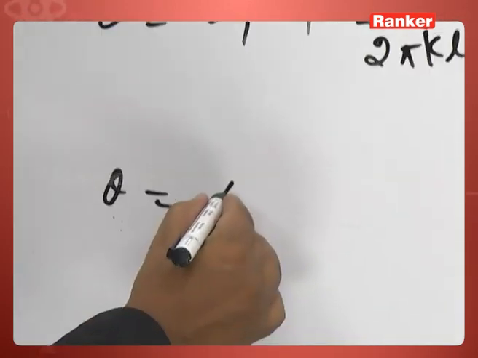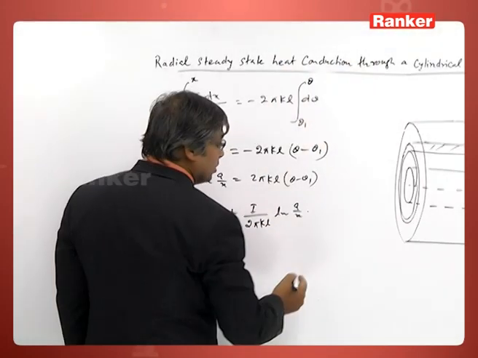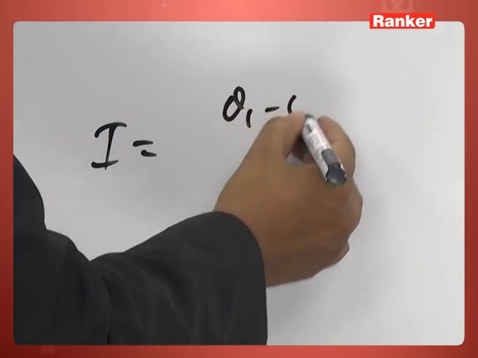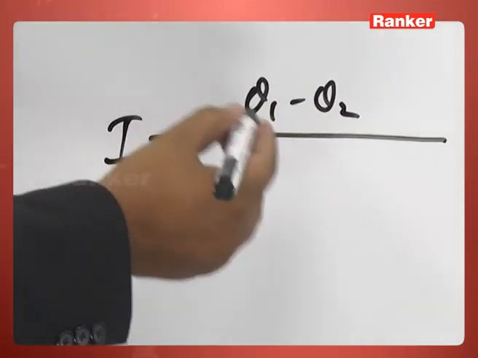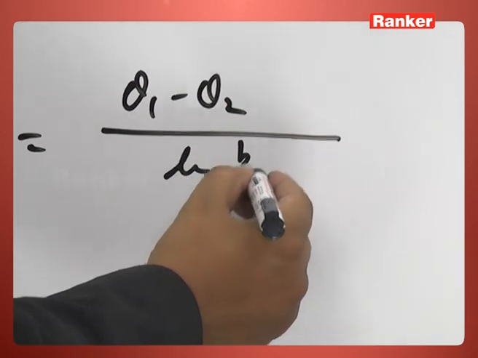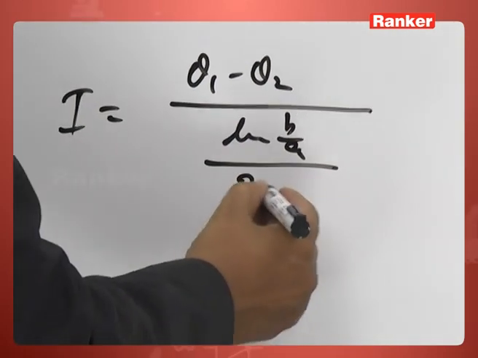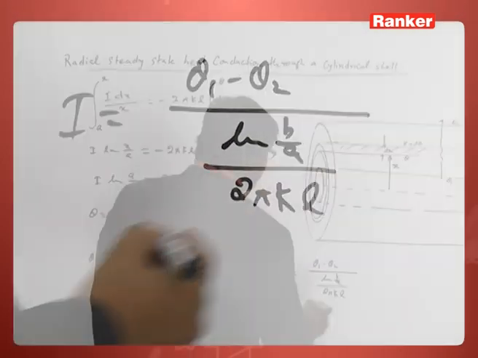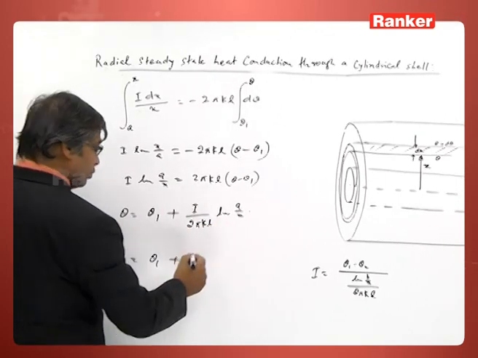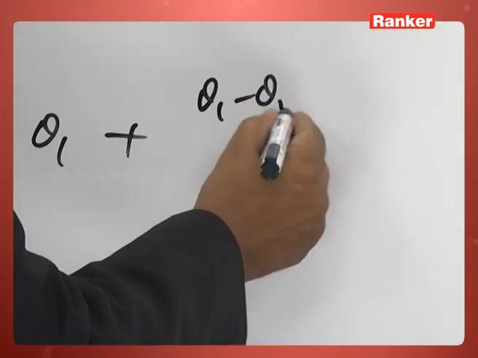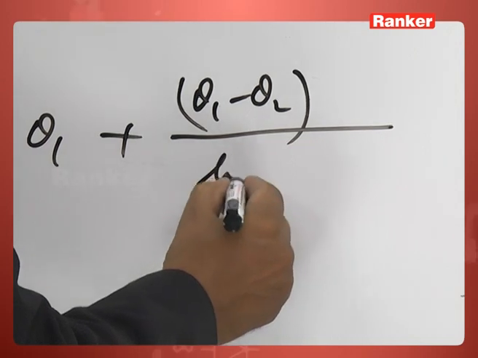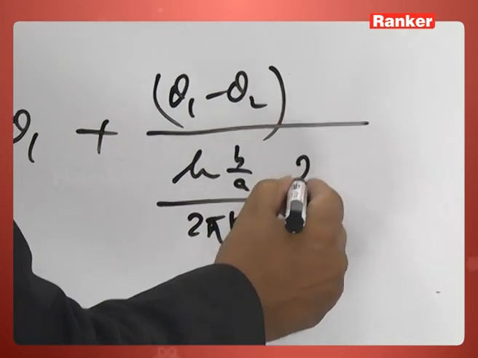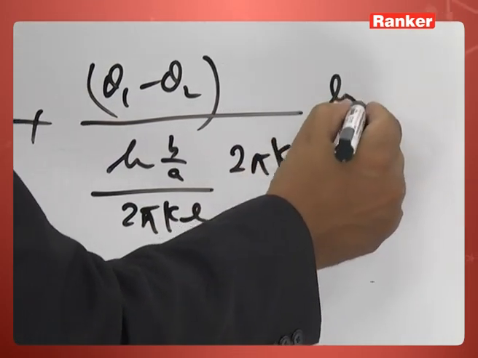So, you see theta becomes theta 1 plus I. You recall I is equal to the temperature difference theta 1 minus theta 2 by thermal resistance, which is ln B by A by 2 pi k, you can see it is 2 pi k L. So, again that thing we will put, I is equal to theta 1 minus theta 2 by ln B by A upon 2 pi k L, and this is 2 pi k L again ln A by x.